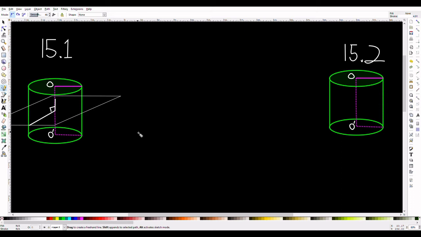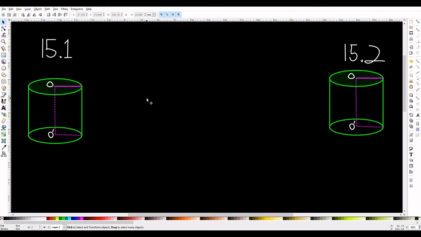What is the shape of this cross-section? What shape would be imprinted on this plane from our three-dimensional shape that's passing through it? I'll give you a moment to guess. It is another circle.